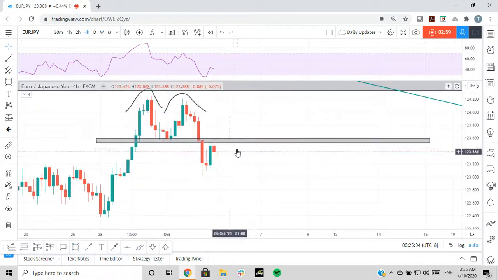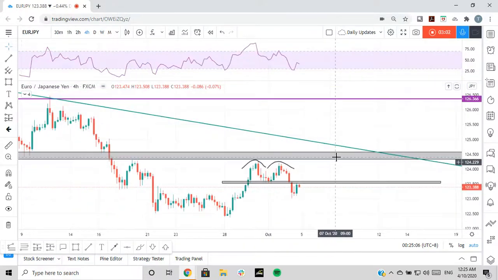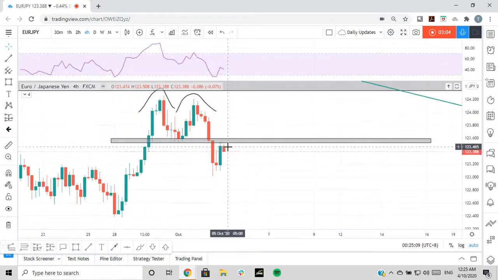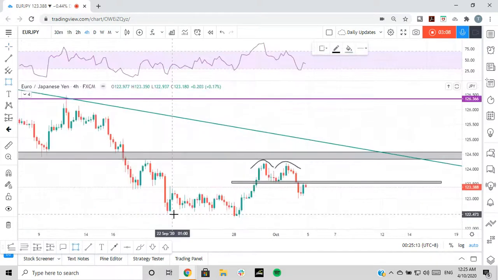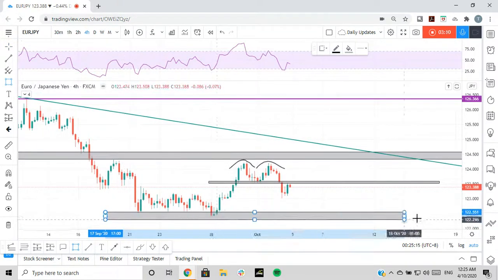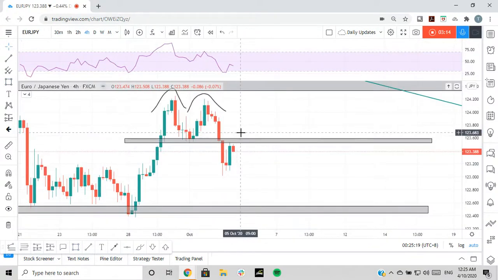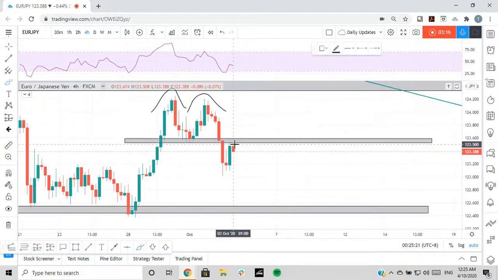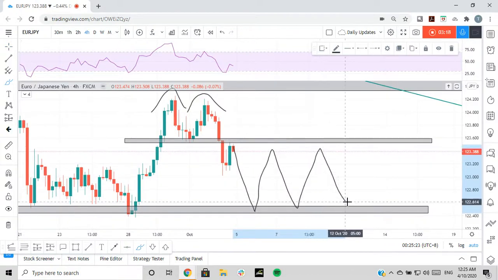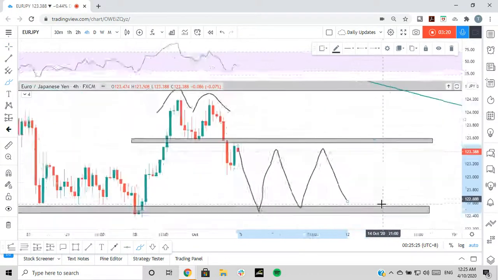Okay, so we have actually done the retest. I'll be expecting a move from here or maybe slightly higher, then to the next support and resistance area, which is here. And so we might be seeing something like a range between these two areas. So this is one potential.